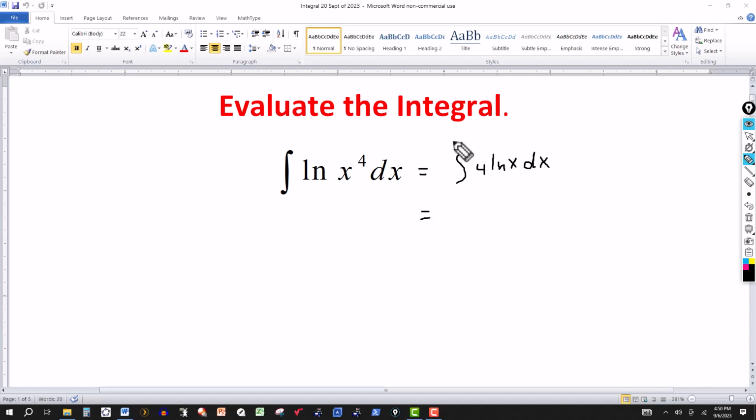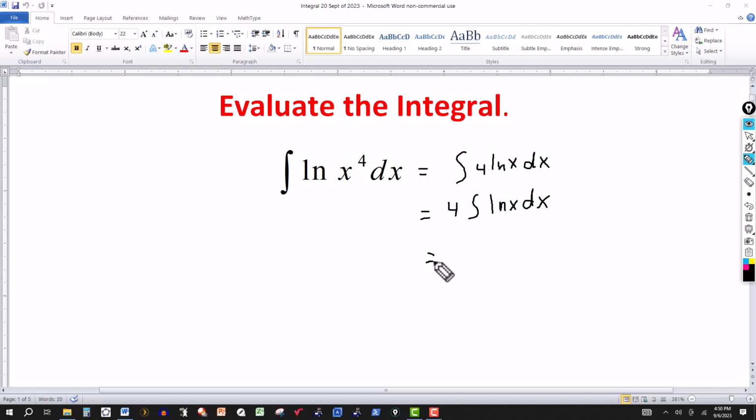So bring this out here and write it like this: 4 times the integral of ln of x. And this is one of your basic integrals that maybe your instructor wants you to know. So you could just put the answer there.